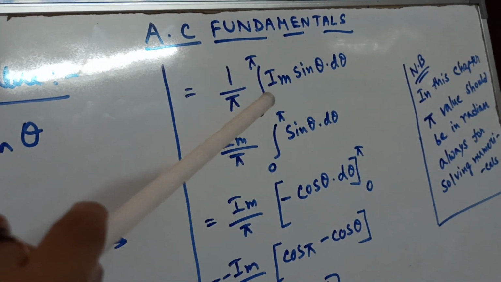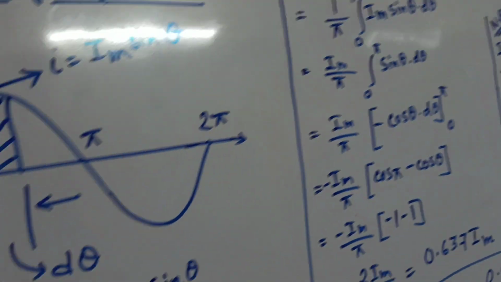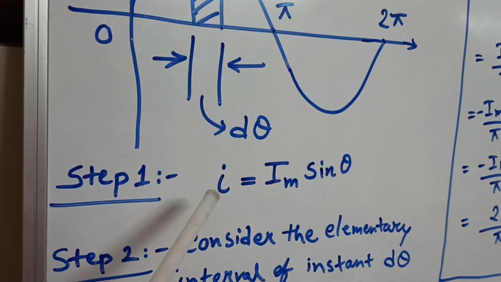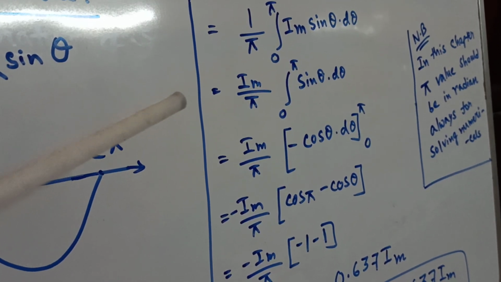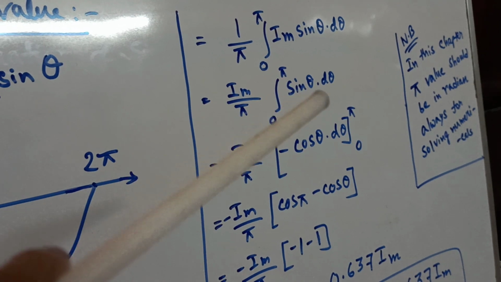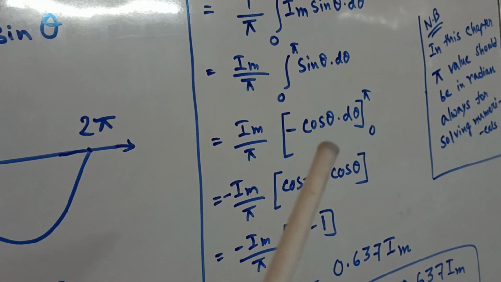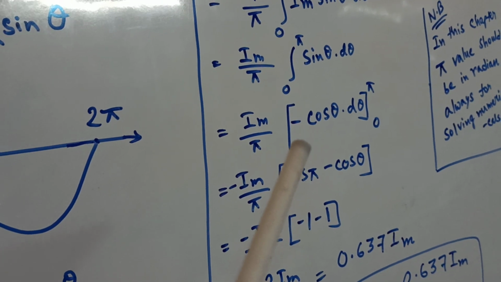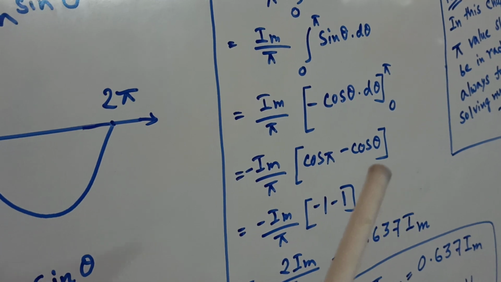I am putting the instantaneous value which I took in step 1, i equals Im sin theta. From here, Im I can take out, so Im by pi, integration from 0 to pi of sin theta d theta. The integration of sin theta, all of us know, is minus cos theta, with the limits 0 to pi.